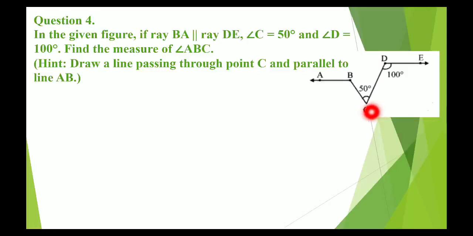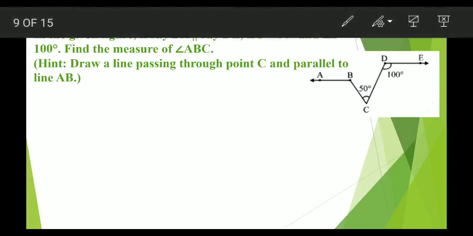Angle C is 50 degrees. Angle D is 100 degrees. Find the measure of angle ABC. Here they have also given a hint: draw a line passing through the point C and parallel to AB. So we will draw it here.